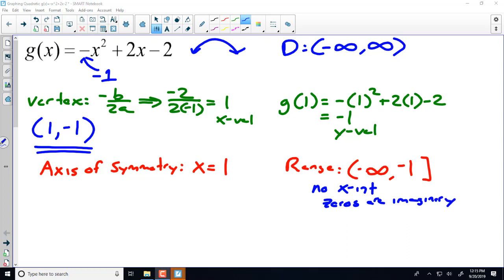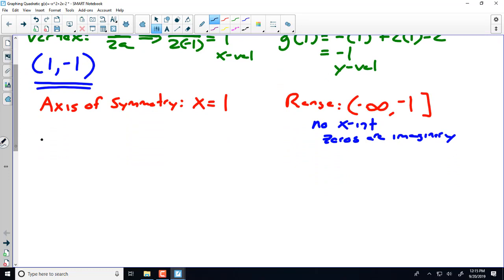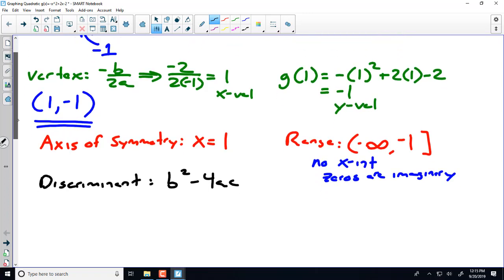Check it out. So we've got this thing in the quadratic formula called the discriminant. And it's just the part b squared minus 4ac. And it can actually tell you if your zeros are imaginary by whether it's negative or positive. So check it out. B is going to be 2, A is going to be -1, and C is going to be -2.